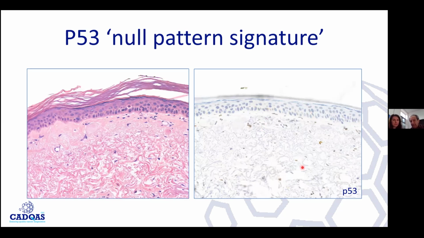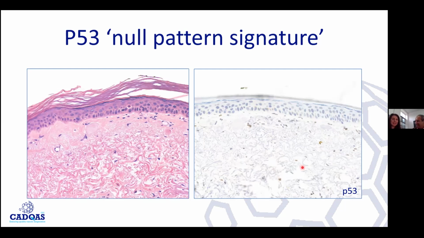If there is complete loss, and you would think that somewhere there will be a cell that expresses P53 in the epidermis, the implication is that the protein has lost the bit that the antibody reacts to. So there is a truncation, which makes it transparent to immunohistochemistry.